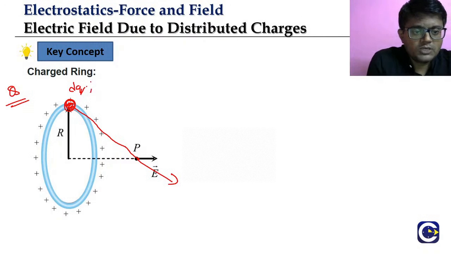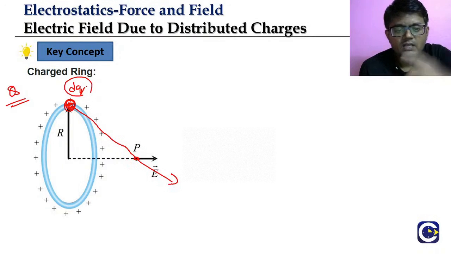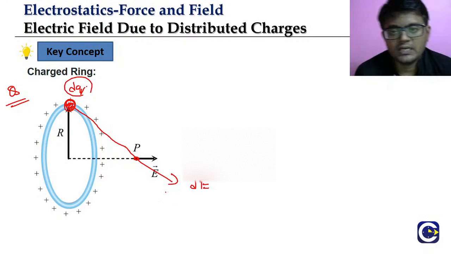So in the dq மட்டும் பாருங்க, we are looking at the field at the point P because of dq. Okay வா. So அது எப்படி வரும் பாருங்க, it will be along that particular direction. So இதுக்கு என்ன தெரியுமா, we will call it as what, small electric field produced dE.